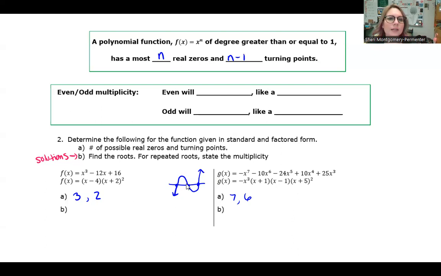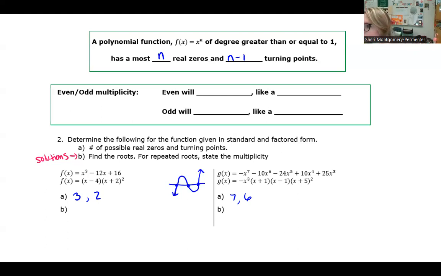So if I have 3 zeros, the amount of turning points that I can have if I'm going through my graph, here I change direction. So that's 1. And then I go down, up, I change direction, I'm going up again. So however many times you cross the x-axis, you can have 1 less than that wiggles. And that's the reason why.